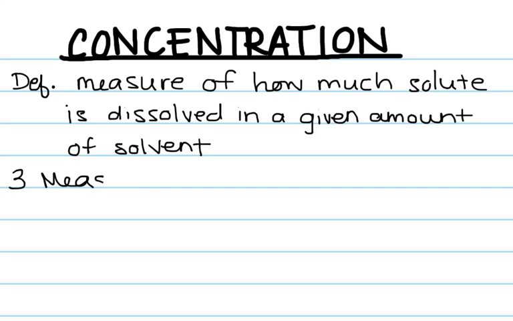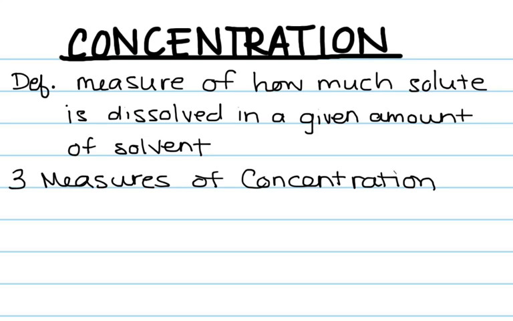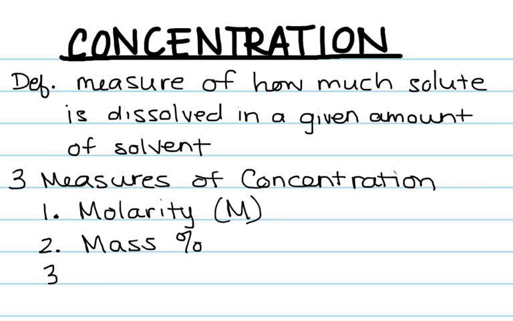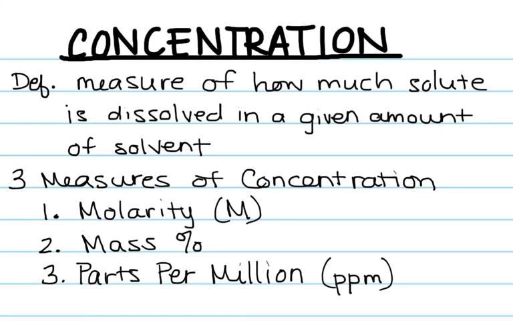And then there's three ways that we measure concentration. The first is using molarity, the second is mass percent, and the third is parts per million, or ppm. The chemist's favorite is definitely molarity.